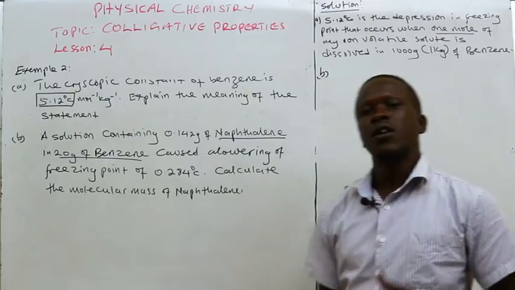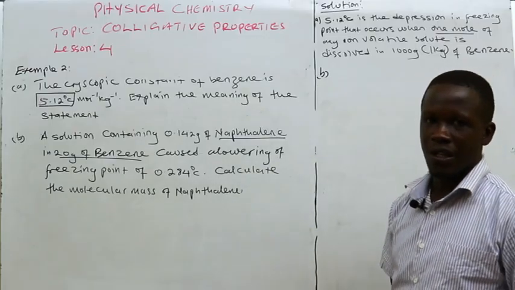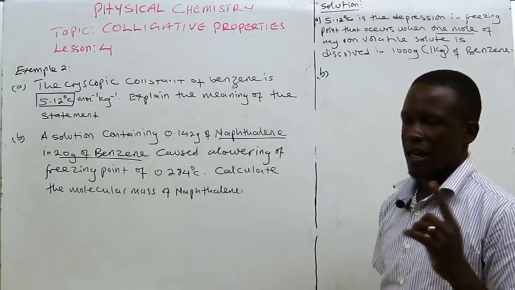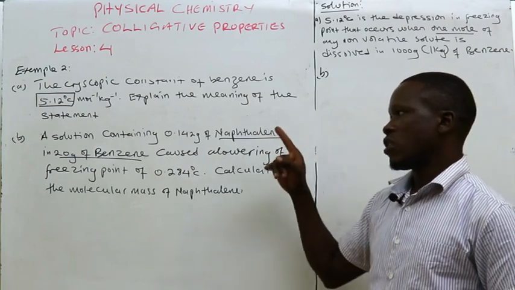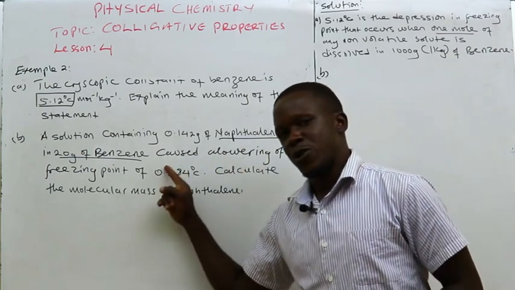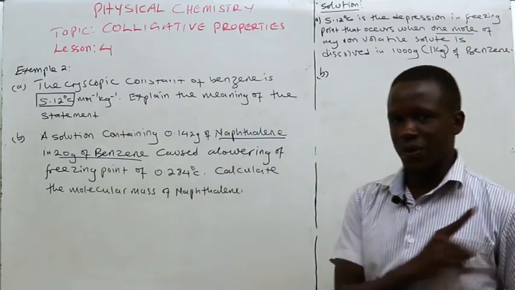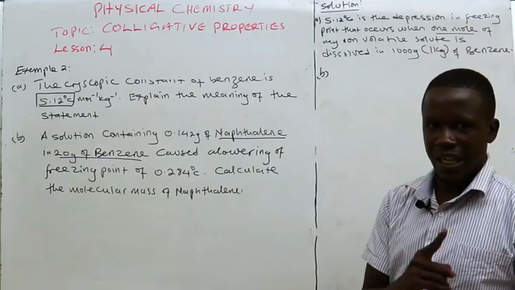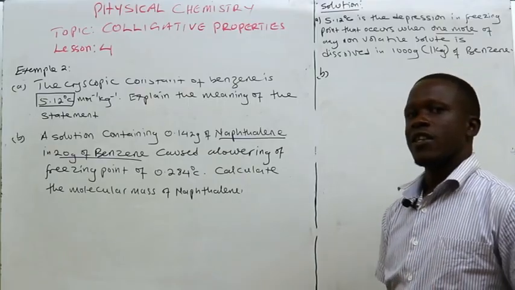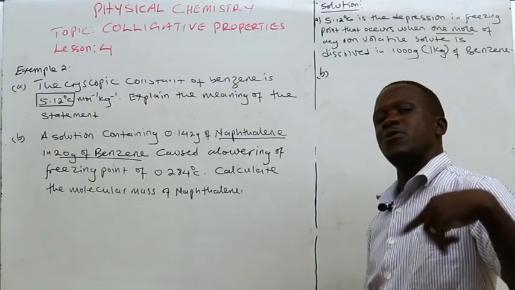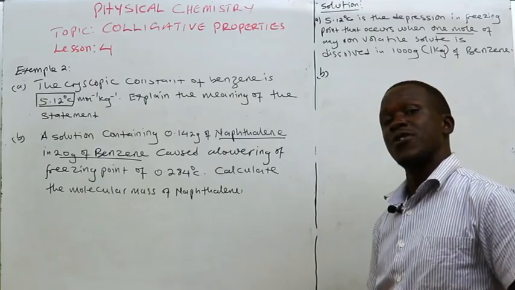Remember, one of the limitations of colligative properties, we said that the solution should be dilute. For a solution to be dilute, the solute added should be very little and the solvent should be big.